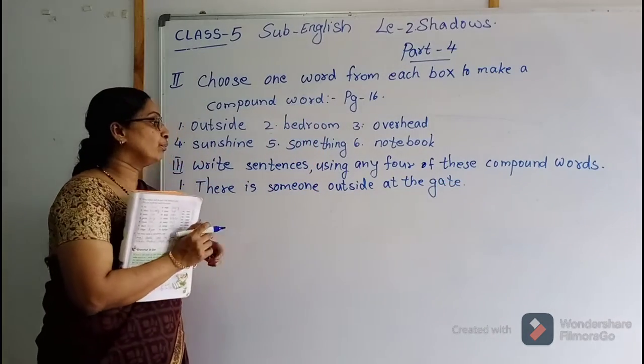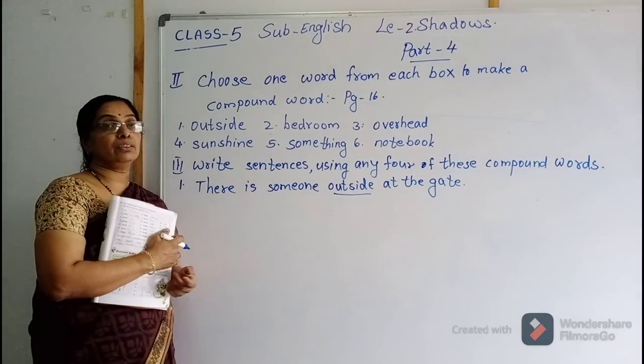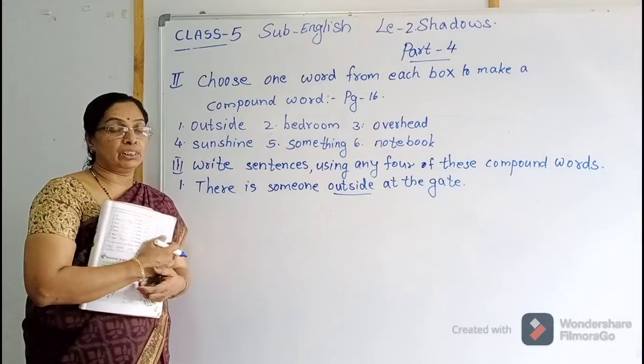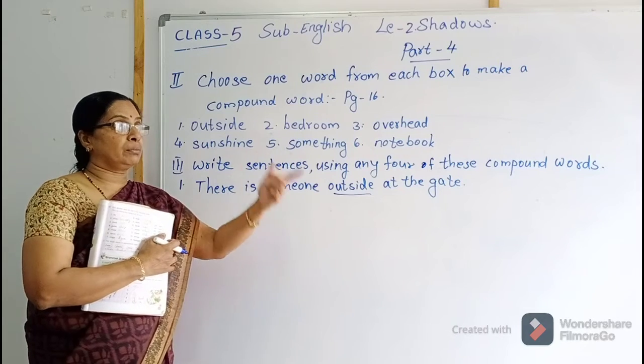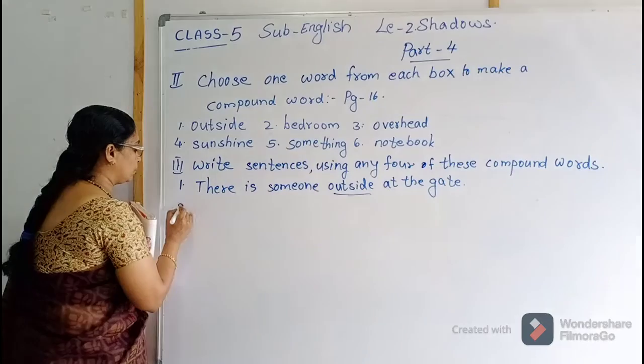Here we use the word outside, underlined here. You can write other sentences also. It's raining outside. Children are playing outside. Okay, you can write other sentences also.